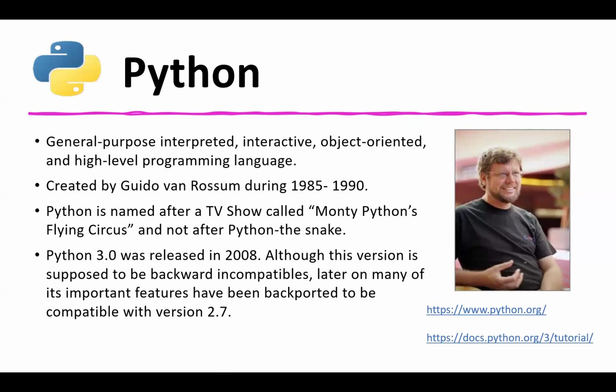Python 3.0 is backward incompatible, so its important features have been backported to be compatible with version 2.7 later on. But remember, there are major changes between Python 2 and Python 3.0. Right now we are doing Python 3.